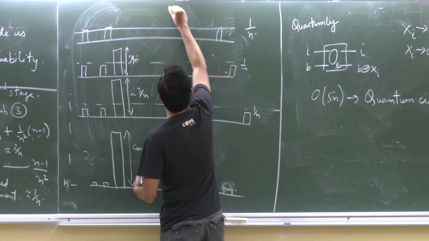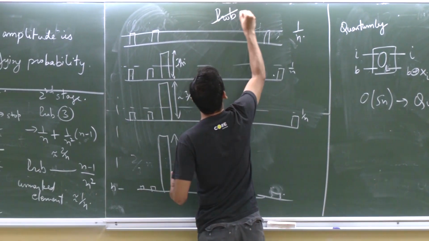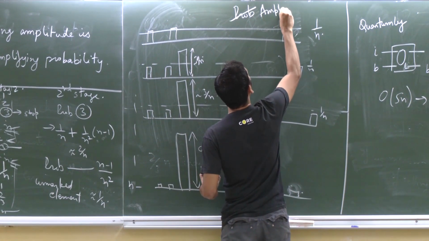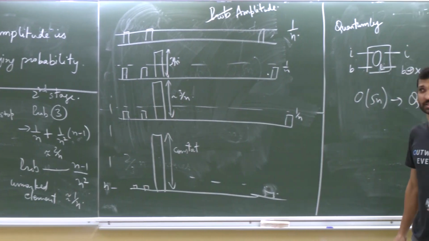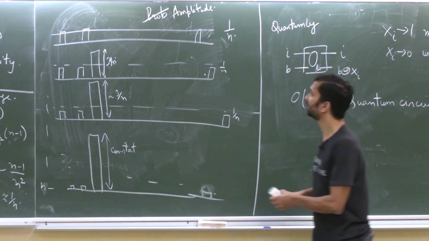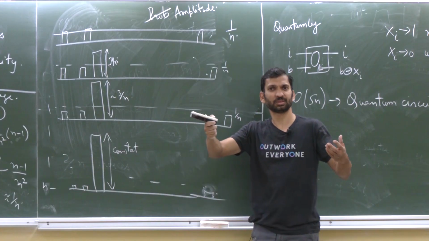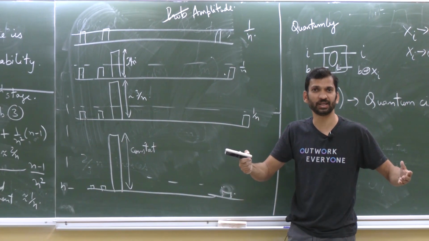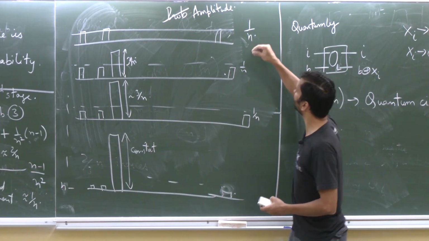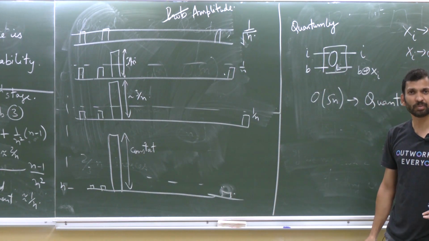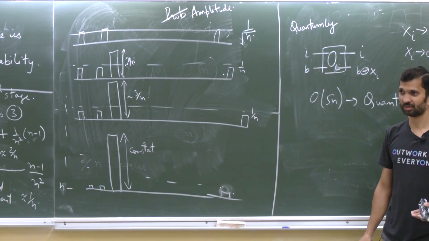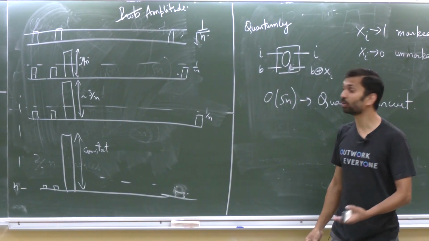So now, if I start drawing it for amplitude, at the first stage, I will apply Hadamard. I will have equal superposition over every index. Every index will have an amplitude 1 by root n. Correct? What do I want to do?